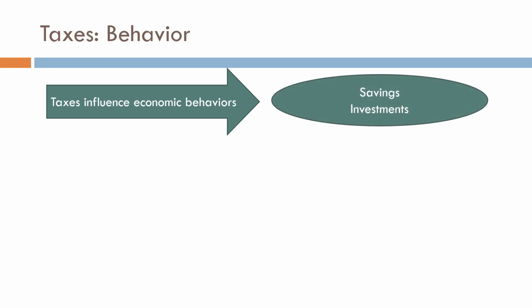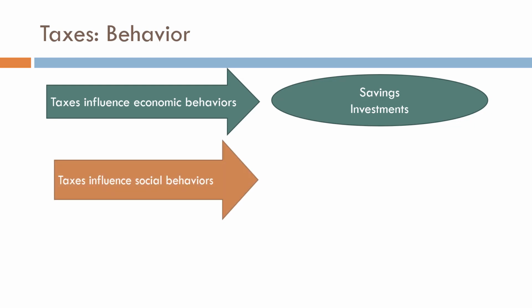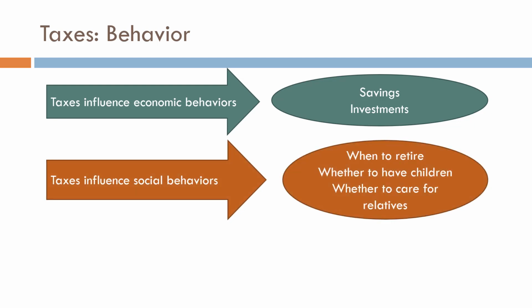So when we think of investments or savings that are tied to the tax code and the kinds of taxes we pay and the deductions that we get. But taxes also influence social behaviors. So for example, deciding when to retire, whether or not to have children, whether or not to care for relatives, and a number of other behaviors.